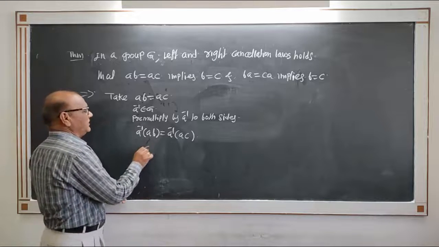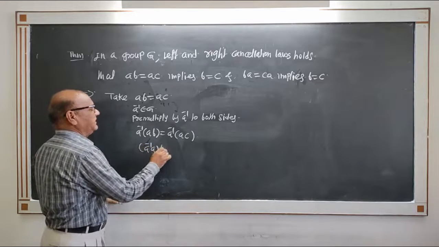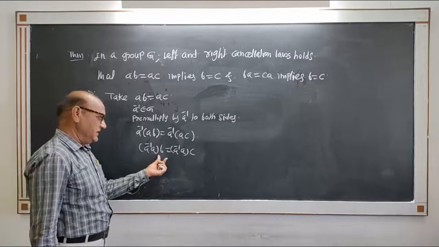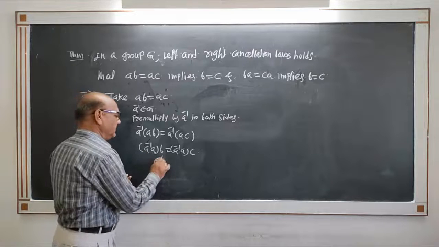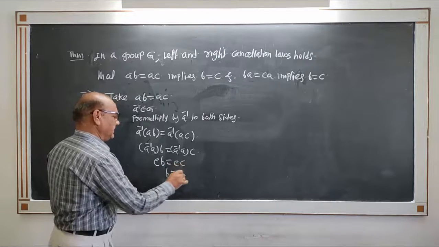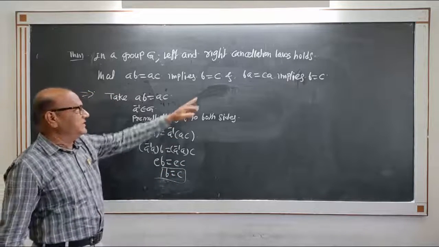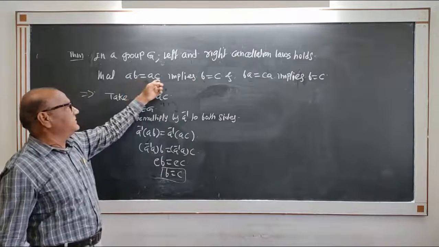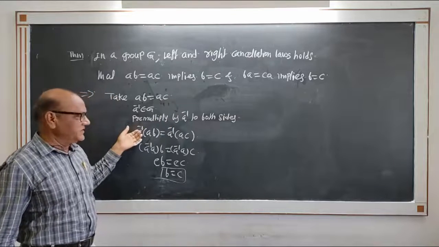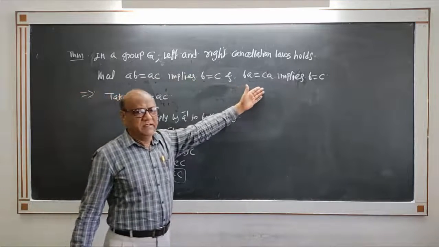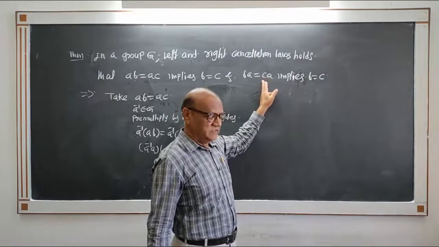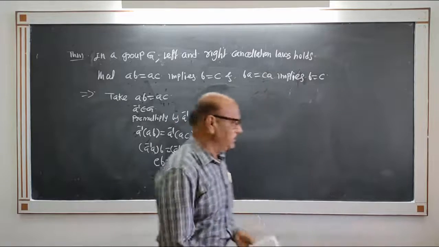Use the associative law: A inverse A B is equal to A inverse A C, and A inverse A is E, so E B is equal to E C. E into B is B and E into C is C. That means we get, if AB is equal to AC, then B is equal to C. That means the left cancellation law holds. Similarly, for right cancellation, post-multiply by A inverse to this relation. We get B is equal to C.